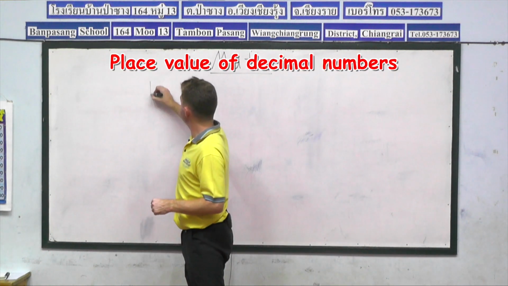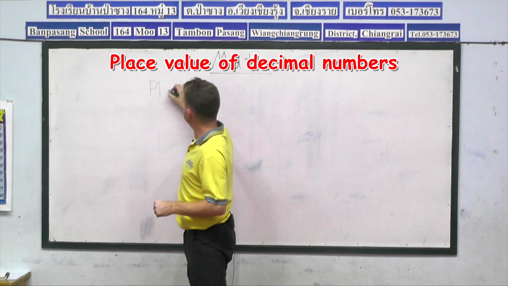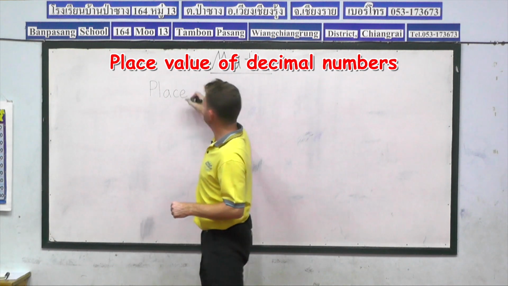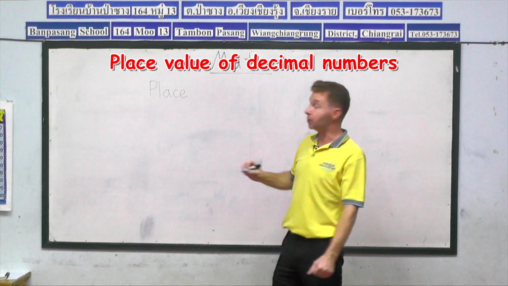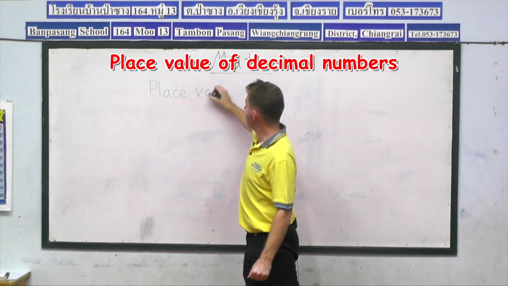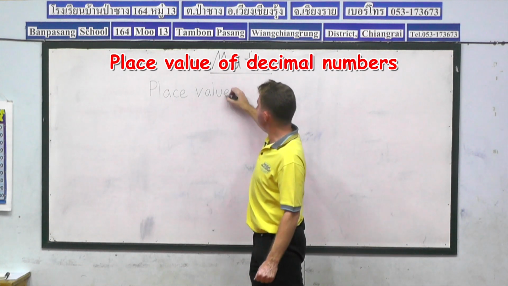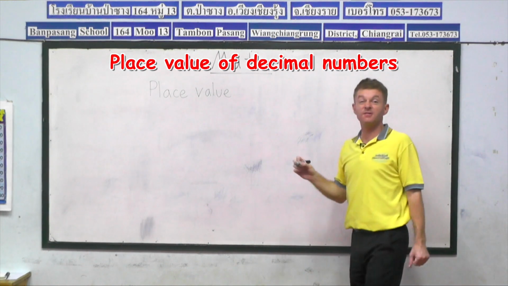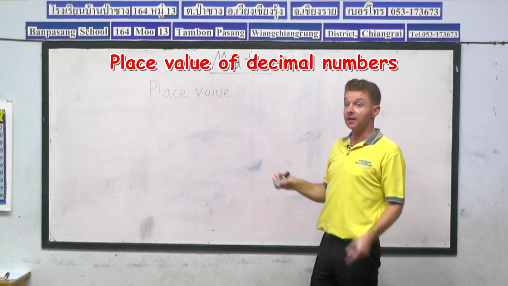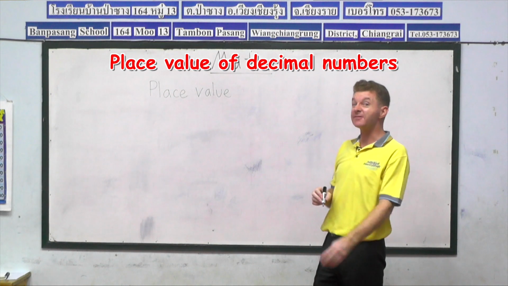Place is spelled P-L-A-C-E. And then value, V-A-L-U-E. And together we say place value. And then we're talking about decimal numbers.